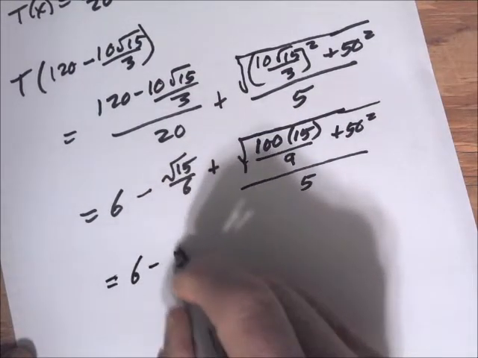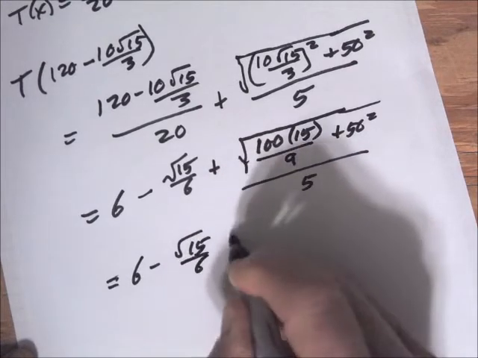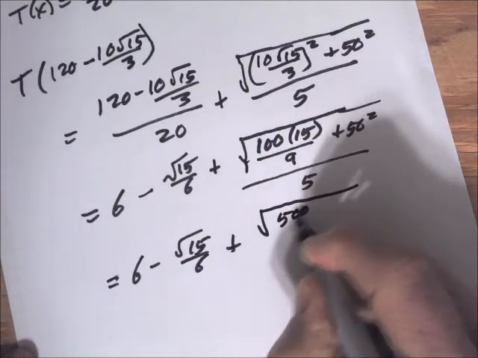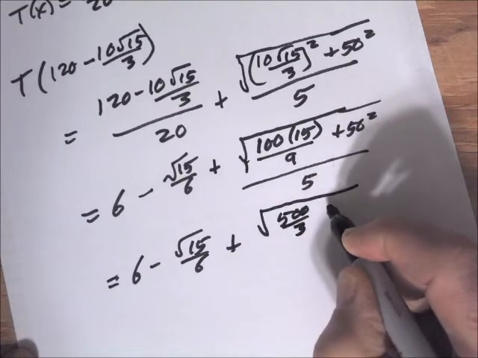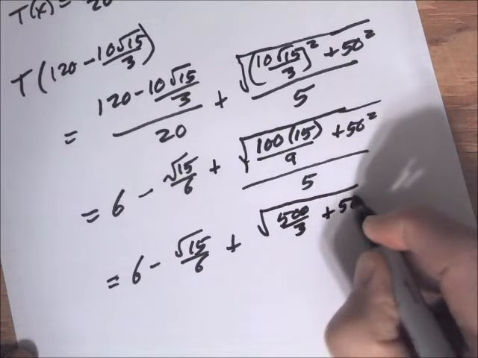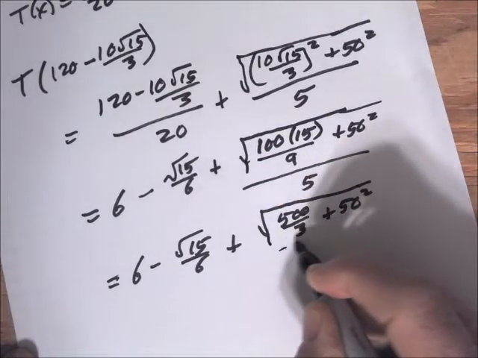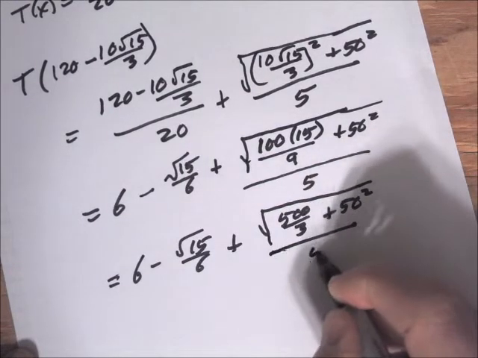6 minus root 15 over 6 plus square root of 500 over 3 plus 50 squared, over 5.